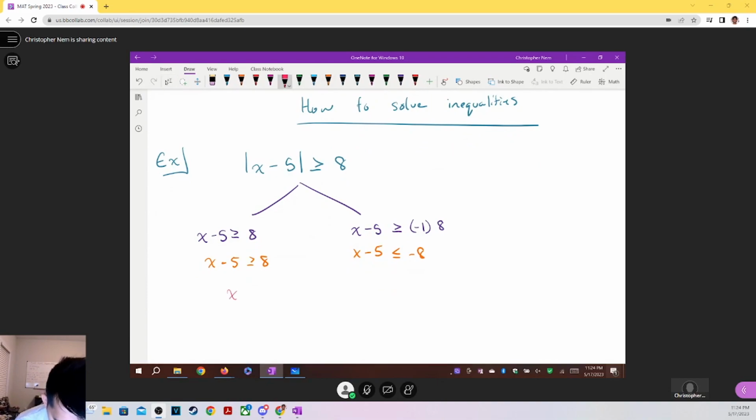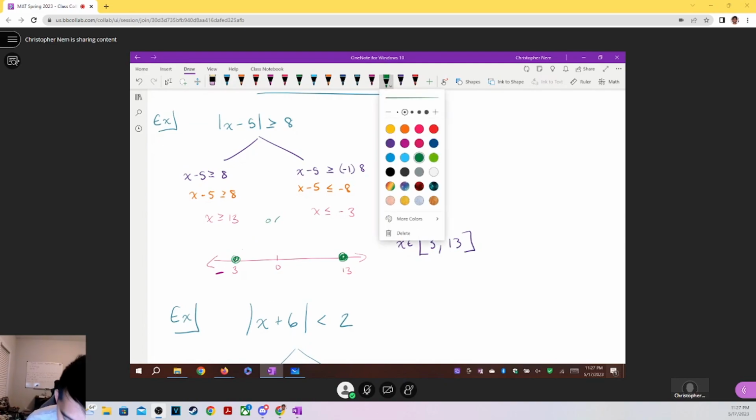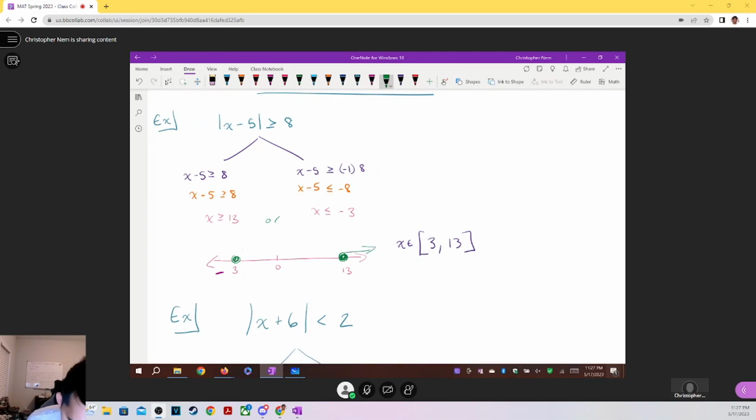I have x is greater than or equal to 13. I have x is less than or equal to negative 3. And then now I can plot this on a graph. This is the OR symbol. I really apologize for that, because it says x is greater than 13 and x is less than negative 3. So this is actually incorrect. I apologize.